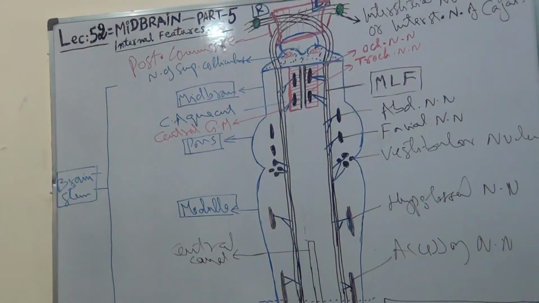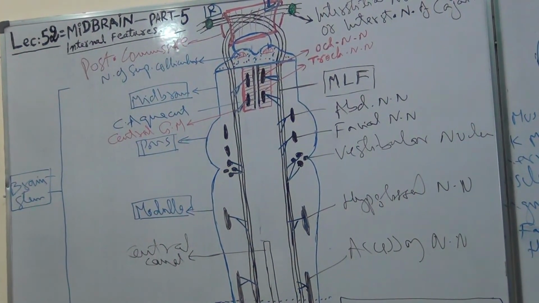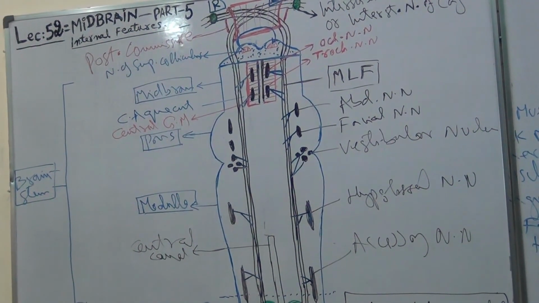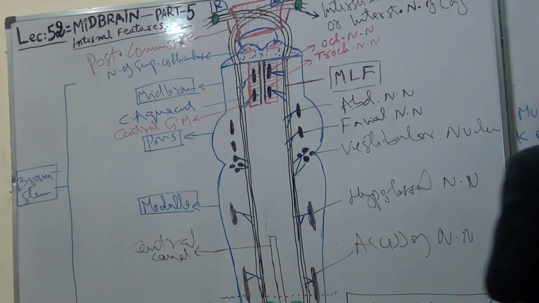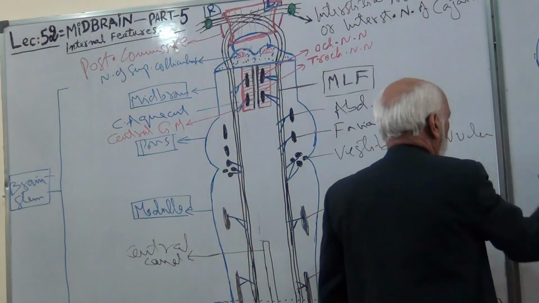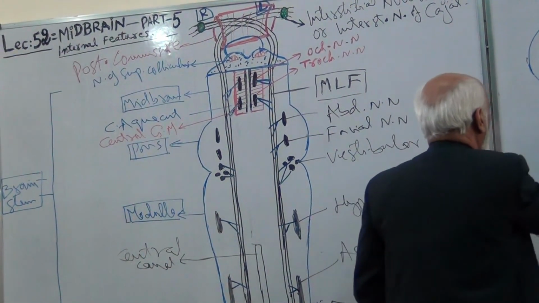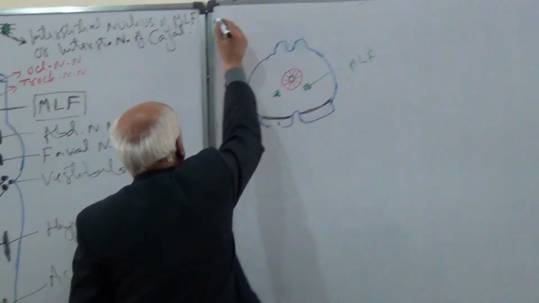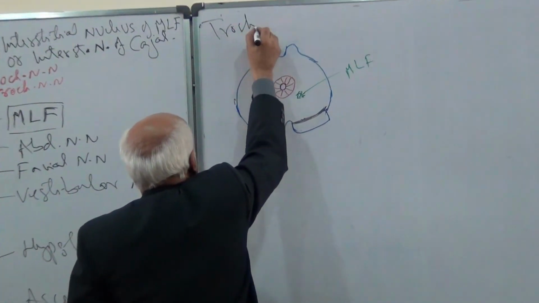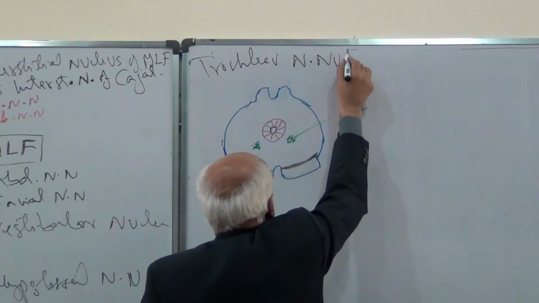What is the next important structure in the midbrain? It is the trochlear nerve nucleus.